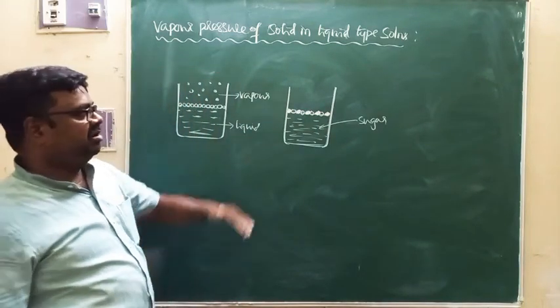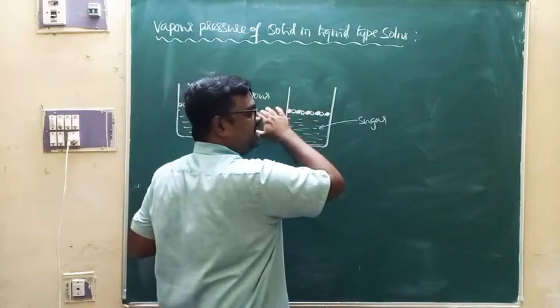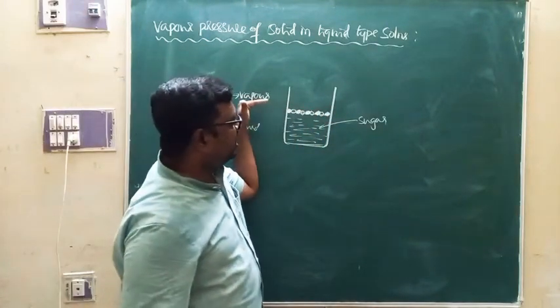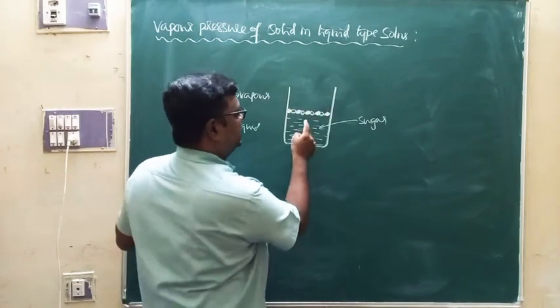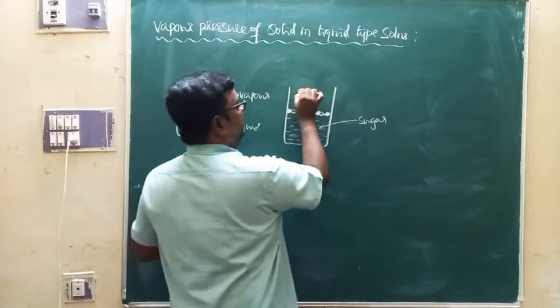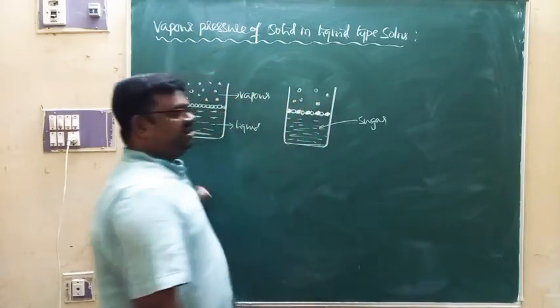Now what happened? Due to the addition, sugar particles are occupying the surface of water. Once the sugar particles occupy the surface of water, the escape of water molecules into the vapor phase decreases, and thereby the amount of water vapor above the surface will be decreased.